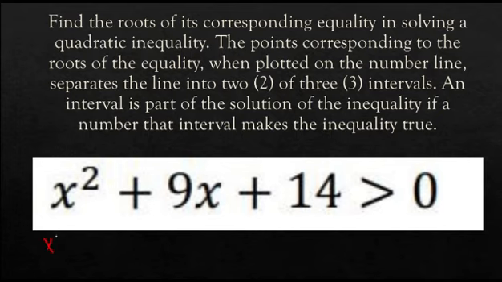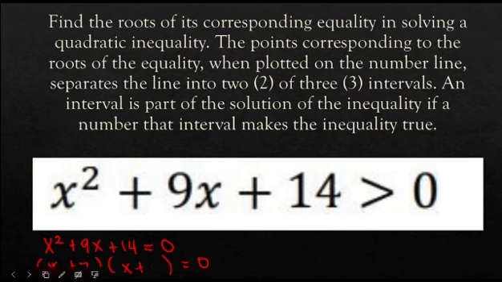So we have x squared plus 9x plus 14 equal to 0. Tapos, we have to factor it. Then we have x plus 7 and x plus 2. 7 times 2 is 14 and 7 plus 2 is 9.